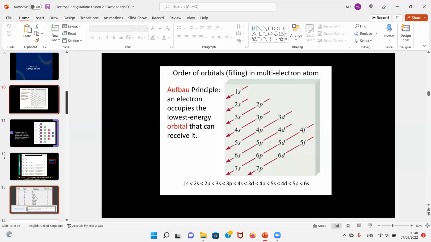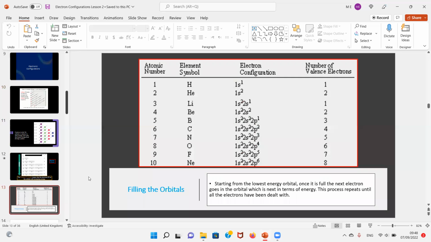Okay, so after you write it down, then you start filling in the electrons. And as we said, the electrons will fill in the lowest energy levels first, and then they will go to the higher levels.